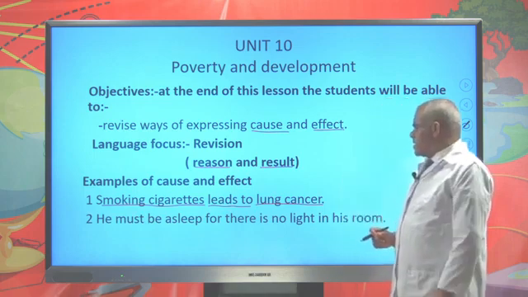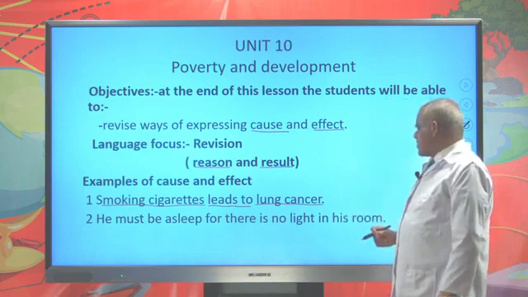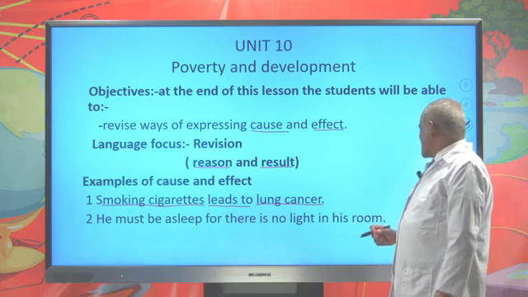Come again, number 2. He must be asleep for there is no light in his room.